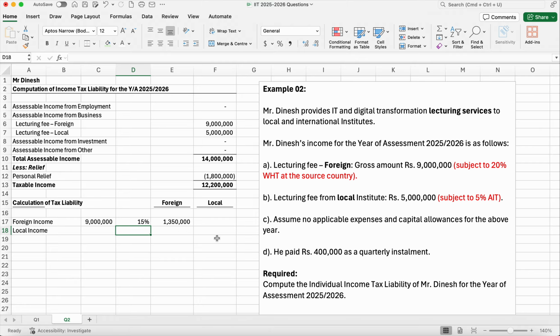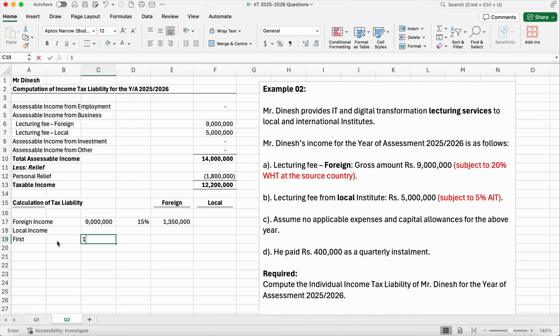Local income, here I will take that one first. 1 million plus 1 million is subject to tax at the rate of 6%, right?